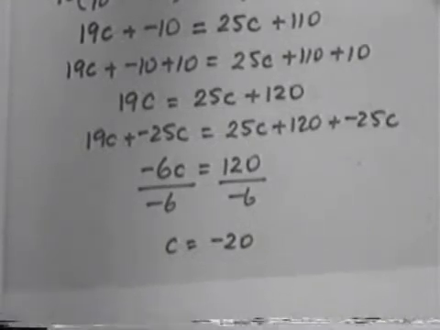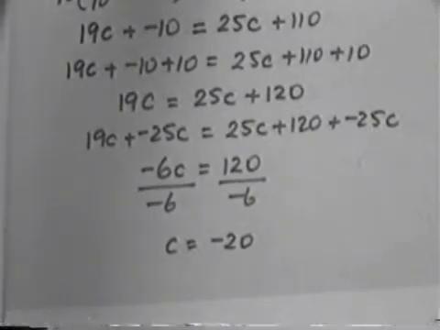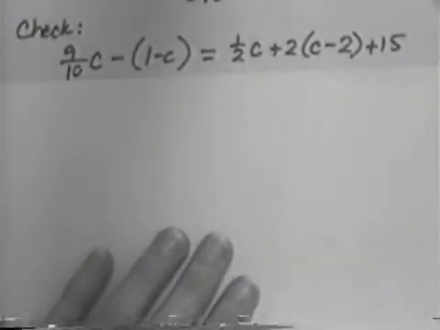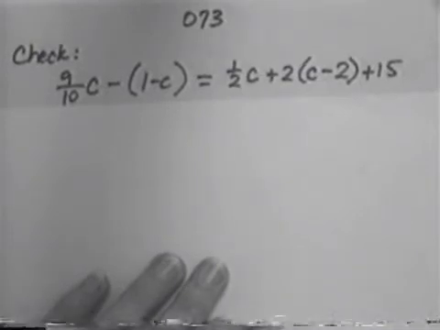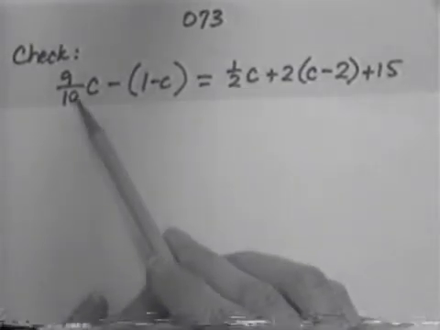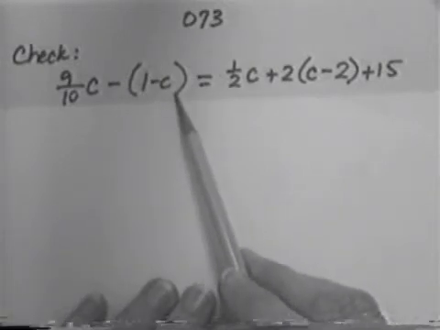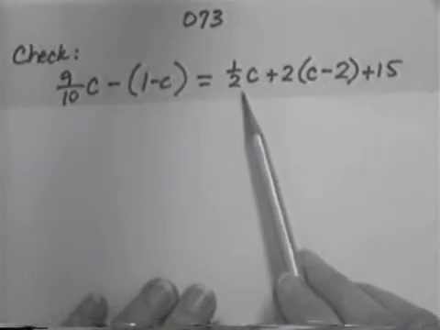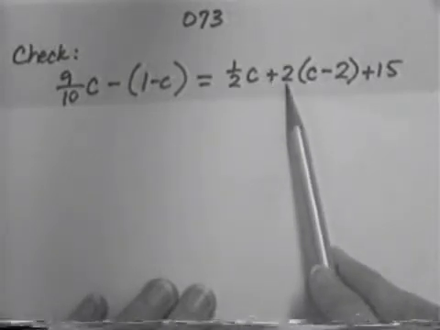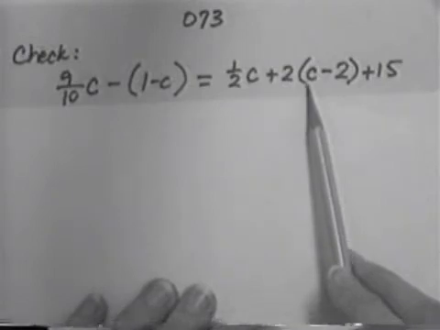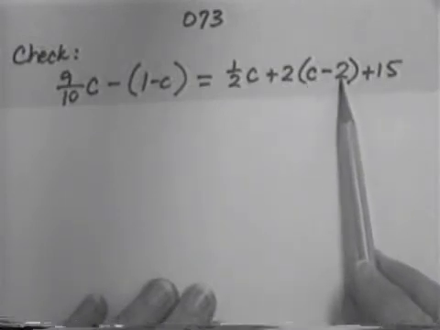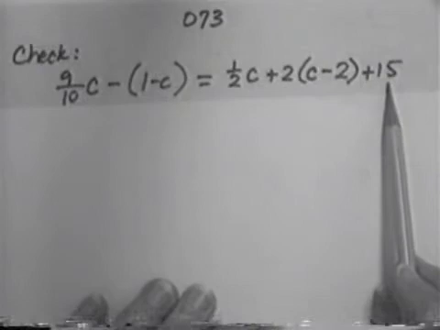How about a check for this one? With one this complicated, it looks as if the check will be rather lengthy. So let's take a look at it. The check is, here's the original equation, 9/10 c subtract, in parentheses, 1 subtract c equals 1/2 c plus 2 times, in parentheses, c minus 2, plus 15.